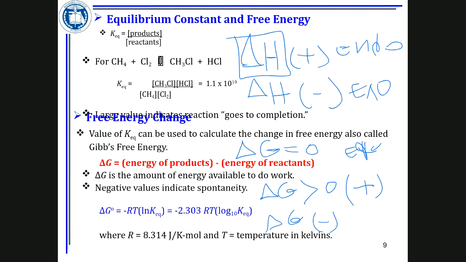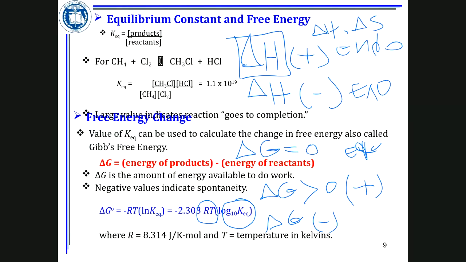The values for delta G can be calculated using the K equilibrium for the reaction and the temperature, or you can use the values of delta H and delta S to calculate the values for delta G. So now, what does delta S represent? Delta S is the entropy for the reaction, the degree of disorder for the reaction.